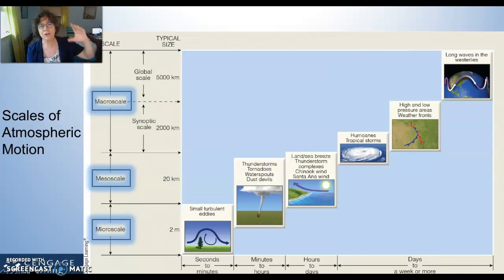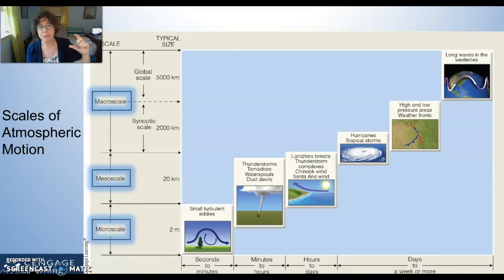And then larger areas, big weather fronts across an entire region or across many states, could be in what's called macroscale, moving to entities that affect the entire globe, like jet streams that are on a global macro scale.